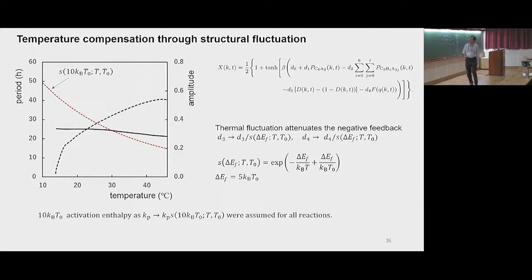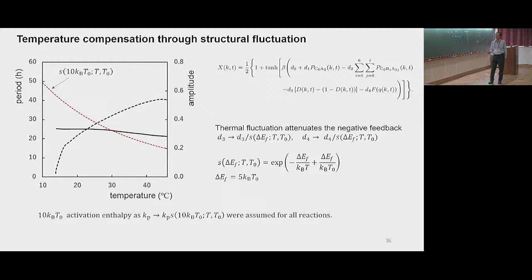With that assumption, here at D3 and D4, the coupling strength of the negative feedback is weakened with this factor. Here delta EF is 5 kBT, and T naught is here 30 degrees Celsius, the experimental temperature.